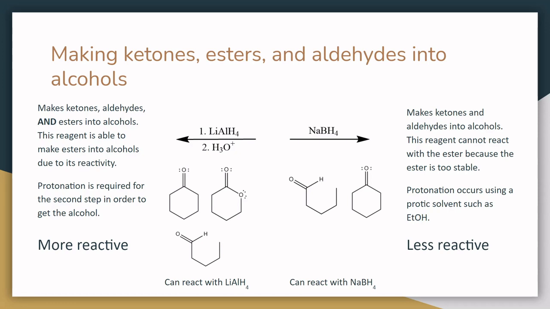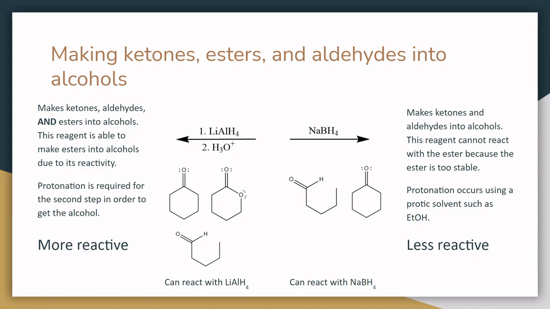As you can see, both reagents will react with ketones and aldehydes, but only lithium aluminum hydride will react with esters, as you can see over here. Esters are more stable than ketones or aldehydes, so a more reactive reagent is needed in order to react with them, so we use lithium aluminum hydride.